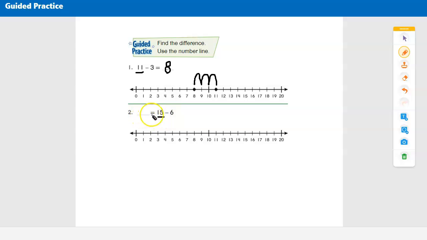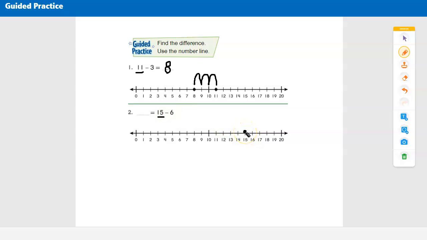It's just a little rearranged, but we can still do it. So go to your whole, find 15 on the number line. So here is 15, and you are going to make a small dot to show that's where you started. Now we have to subtract 6, so that means we are going to jump back 6 spots.